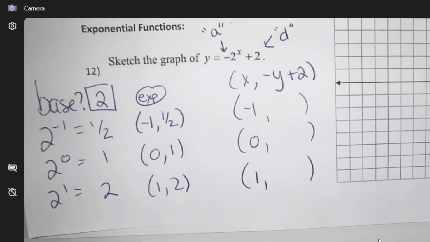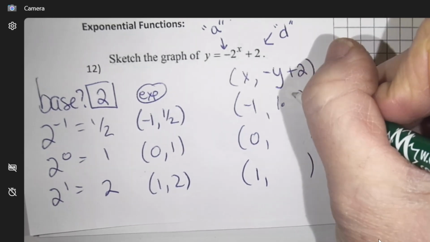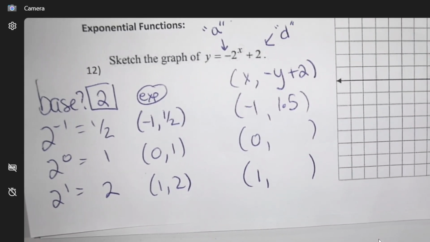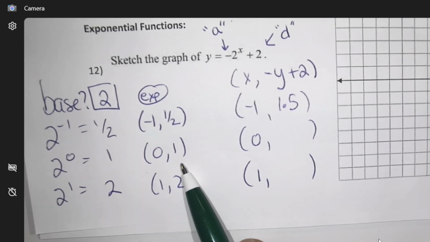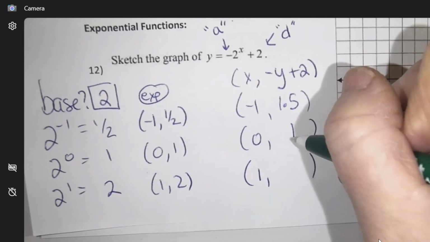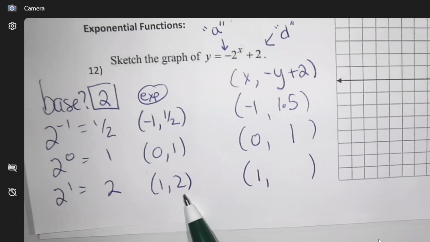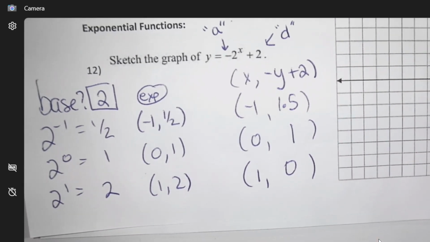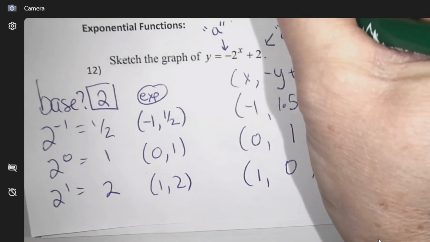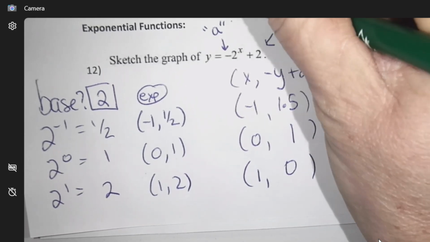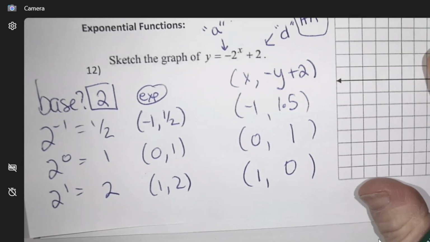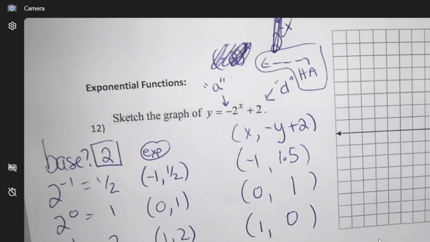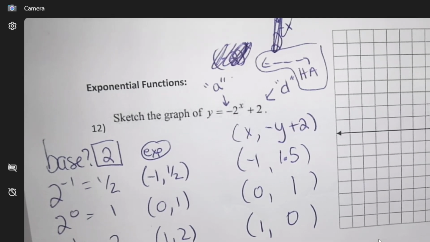Okay, negative a half plus 2 is now 1.5. Negative 1 plus 2. Negative 2 plus 2. And what should exponential graphs always have in them? A horizontal asymptote. They have to have horizontal asymptotes. Okay, logs, verticals.